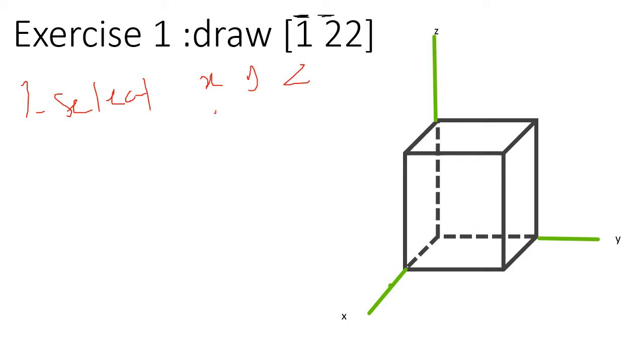We have 1 the same, 1 the same, and we have 0. Z is equal to 0 for our new origin. And this is 1, 2.